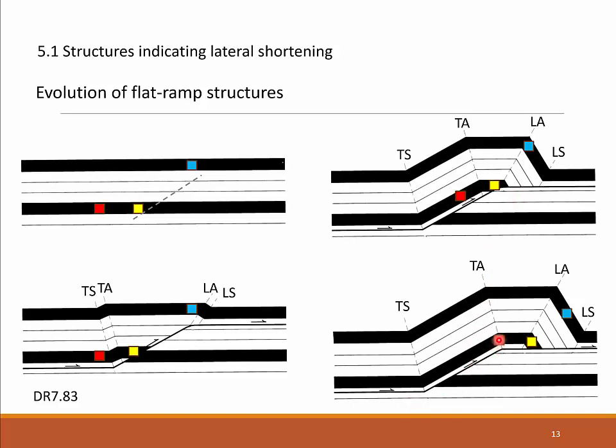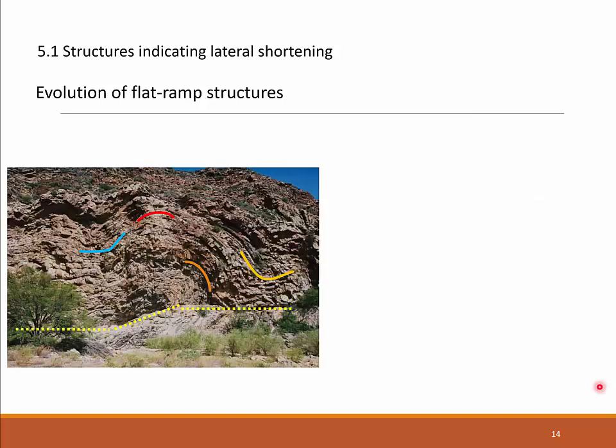Once we see here that all our marker points have been transported onto the upper flat, the flat ramp structure cannot grow further vertically. In this stage here we see that the red point has just arrived at this place. The yellow marker point is now beyond the leading anticline, and the blue marker point has also made some progress and is moving from the leading anticline towards the leading syncline.